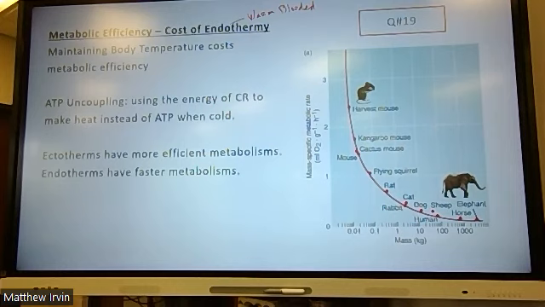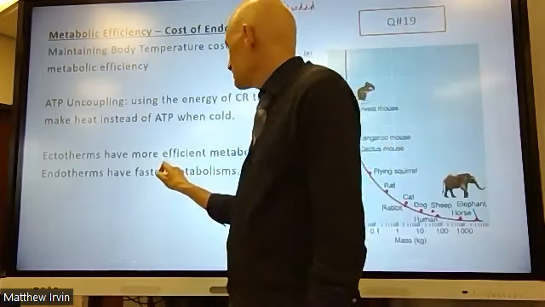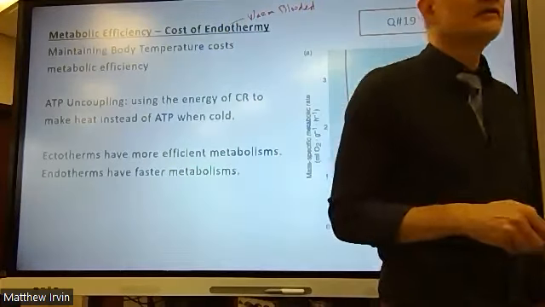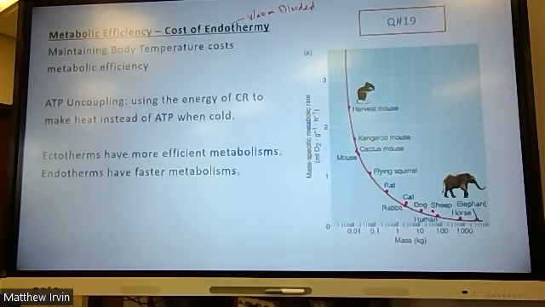Why? Surface area to volume. So you are going to lose heat faster when you are smaller. So to maintain your body temperature, your metabolism has to be faster. That also means that it is going to be less efficient, which means you have to eat more.